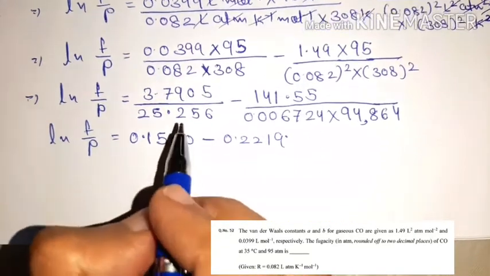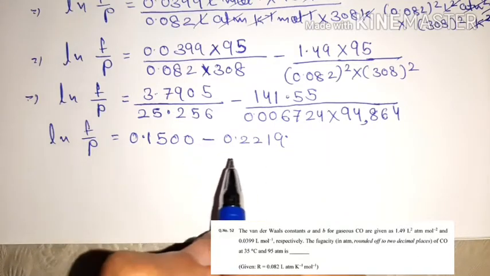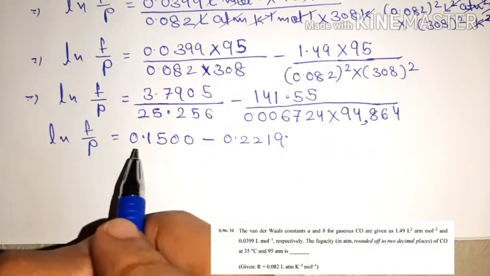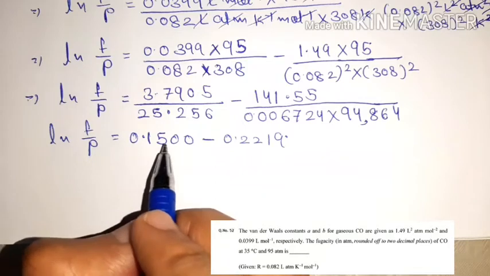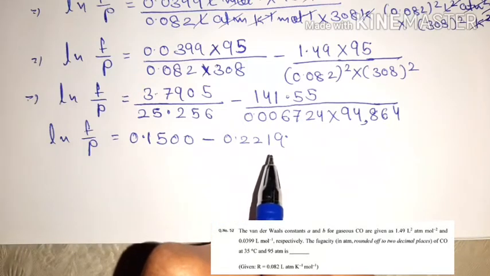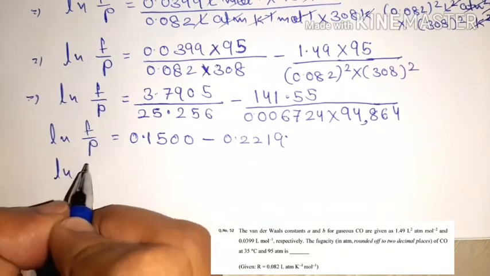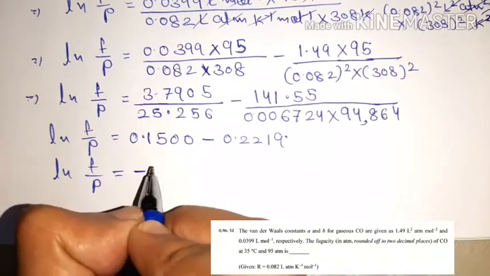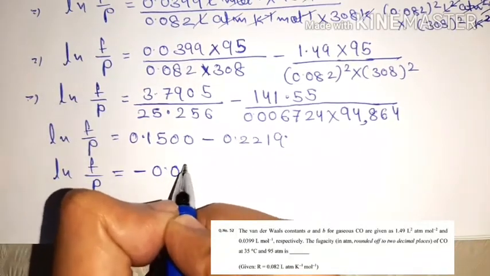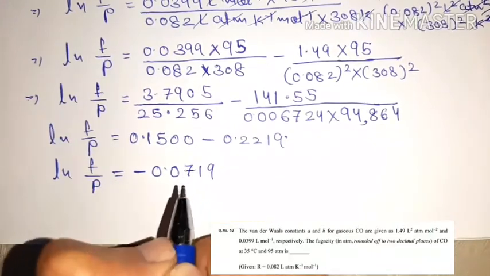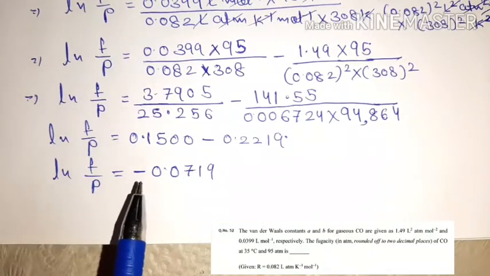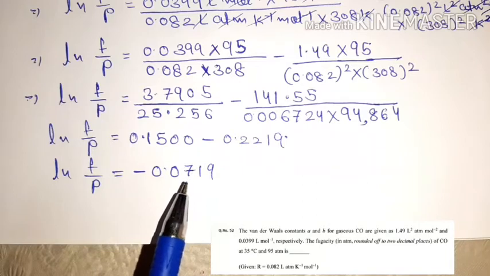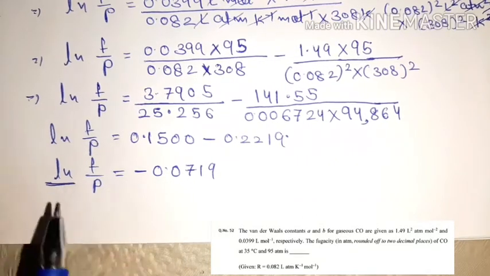When you subtract 0.2219 from 0.1500, we get the value of ln(F/P), which will be minus 0.0719. But here you see this is in ln.